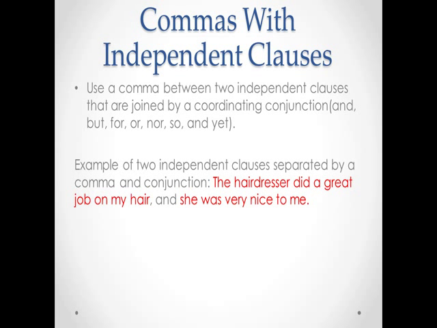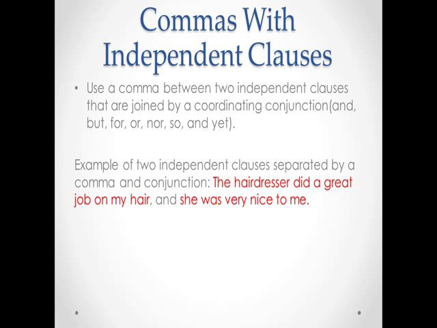You can see that "the hairdresser did a great job on my hair" is a complete sentence, and I would be able to put a period at the end of that sentence. And if you look closely, "she was very nice to me" is also a complete sentence. Both clauses have subjects and verbs. Both are complete thoughts.